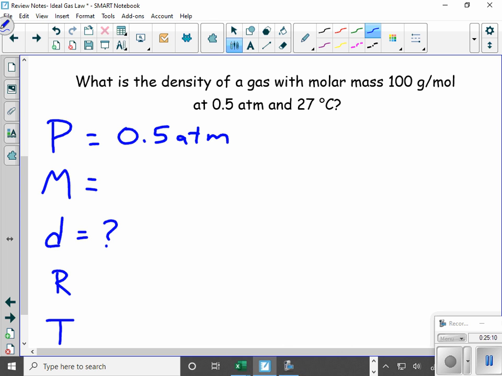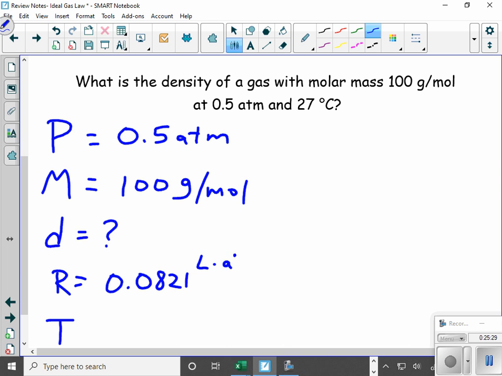My molar mass, my M, is 100 grams per mole. My R, well, since my pressure was in atmospheres, my constant's going to be the 0.821 liters atmospheres over Kelvin mole.